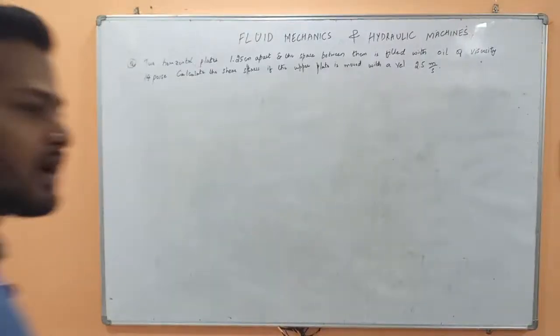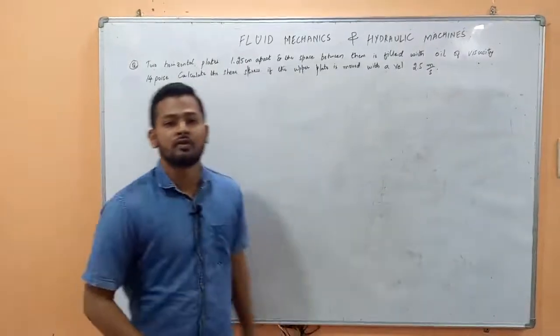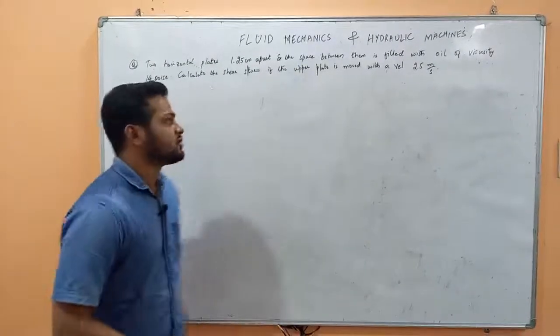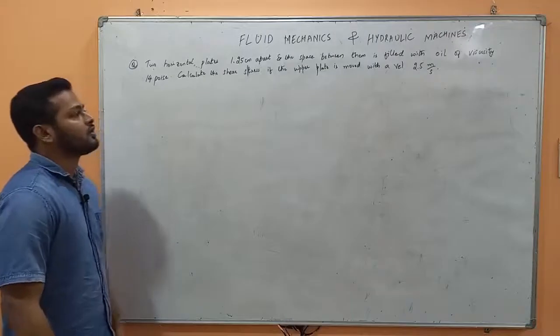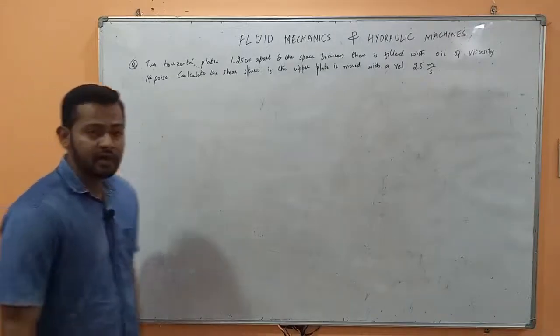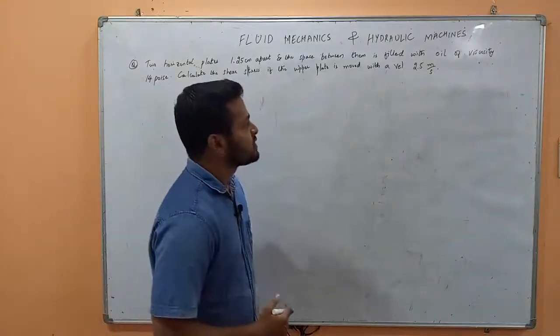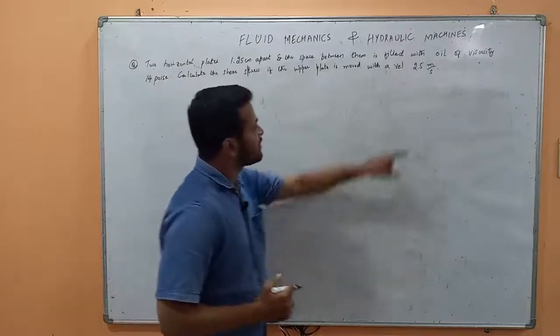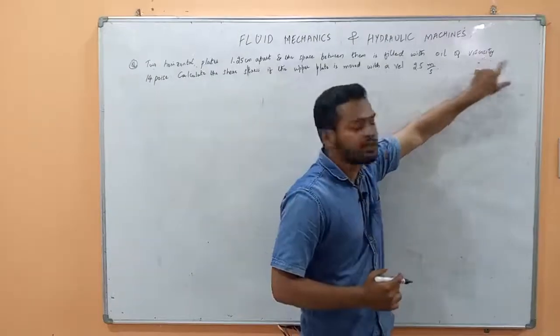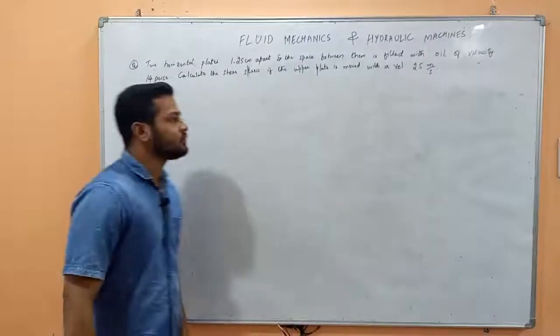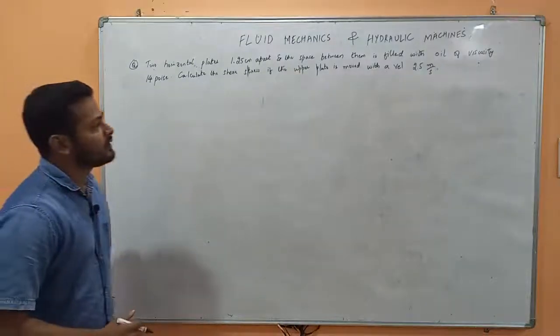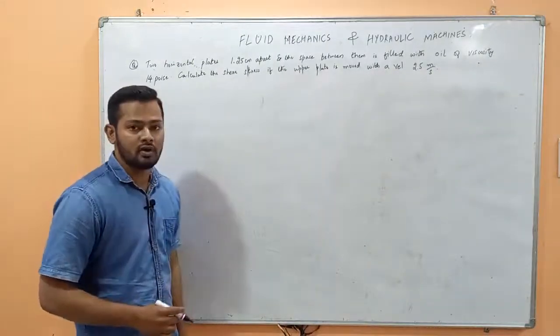Okay, let's get started with the core problems of fluid mechanics. So this is a problem based on Newton's law of viscosity. How can I identify that this question is based on Newton's law of viscosity? Because viscosity will be given in the question. With the help of that you can identify that this problem is on Newton's law of viscosity.